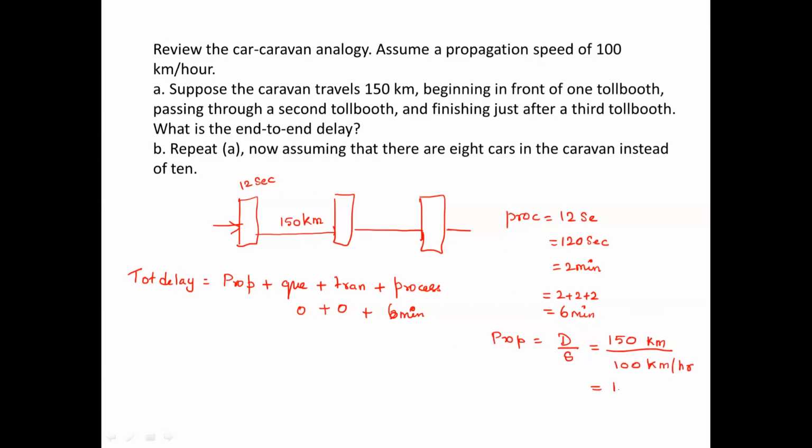Can I get the answer? Yes, 90 minutes, or 1 hour 30 minutes. Now, if all the cars have to line up after the third toll booth, how many links does it have to cross? If all the cars have to cross the third toll booth, how many links should it cross?